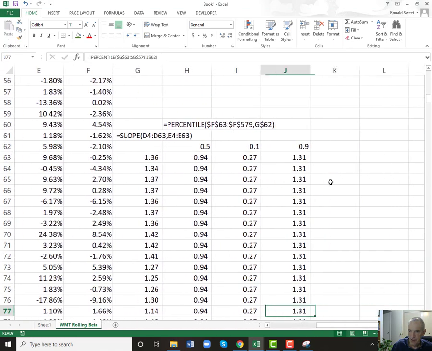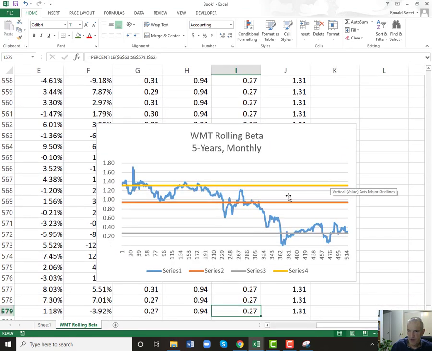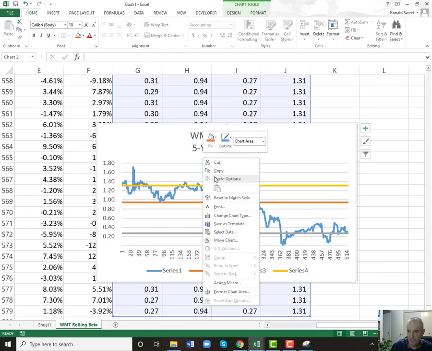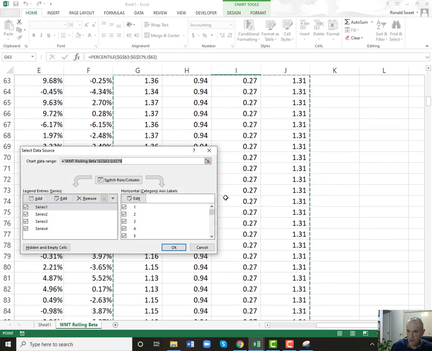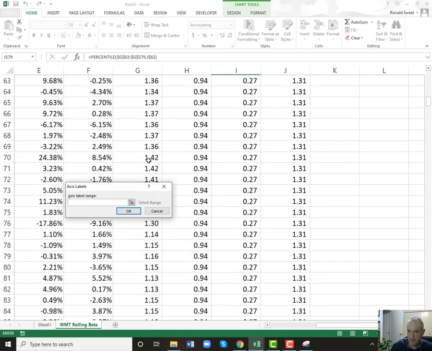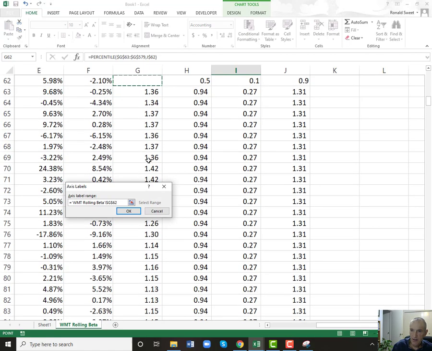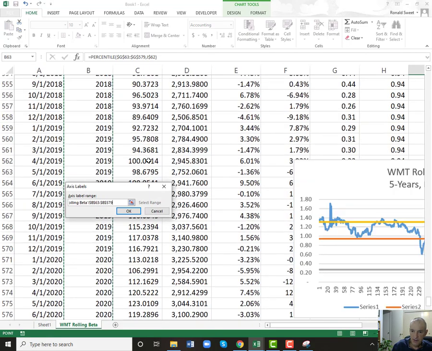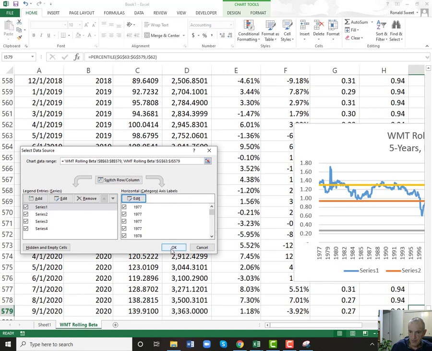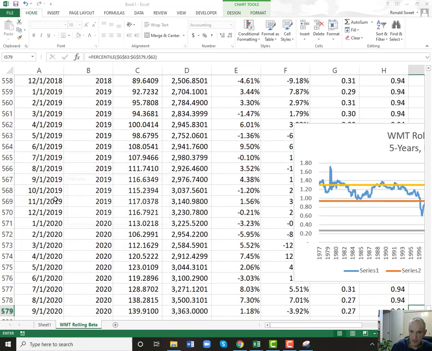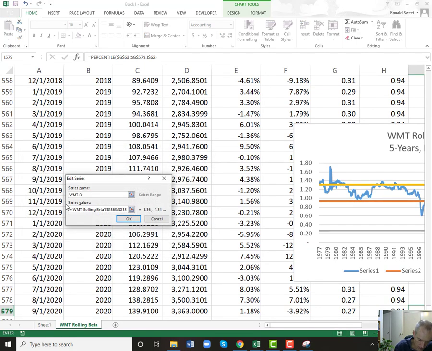So let's go find that graph. Here's our graph. So now we can put the years in there. Select data. Over here on the axis, go find that. There's your years. Title everything. Walmart rolling beta.